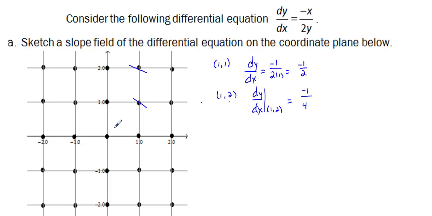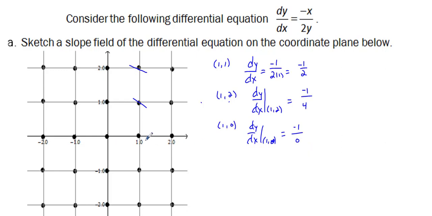All right. How about the point 1, 0? So dy/dx evaluated at 1, 0. X is 1, y is 0. What type of tangent line would that look like? Vertical tangent line. Guess what? We don't draw vertical tangent lines.